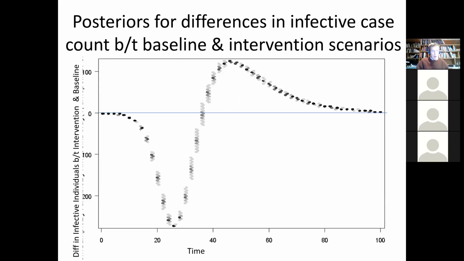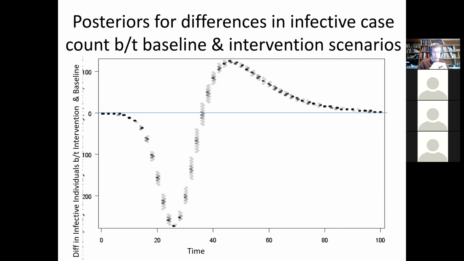We could compare the impacts of an intervention scenario that lowers the number of people infected, and ask, what's the difference in the number of people infected between intervention and baseline? In other words, it's number infected in the intervention case versus a baseline case, intervention minus baseline.